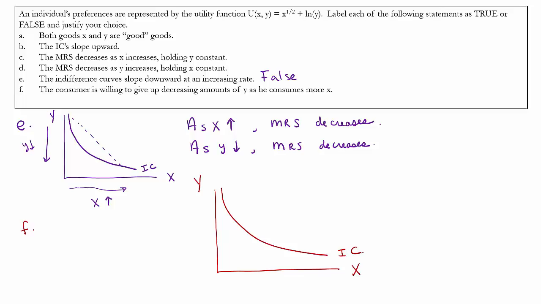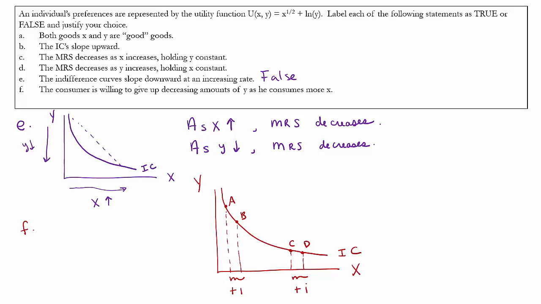Let's map out increasing X by 1 unit, both high up on the indifference curve when the consumer doesn't yet have a lot of X, and then further down along the indifference curve when the consumer now has relatively more X. From A to B, I show the consumer consuming 1 more unit of X, and then from C to D, also I show the consumer consuming 1 more unit of X.